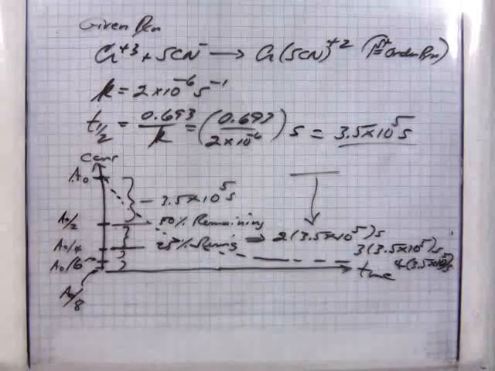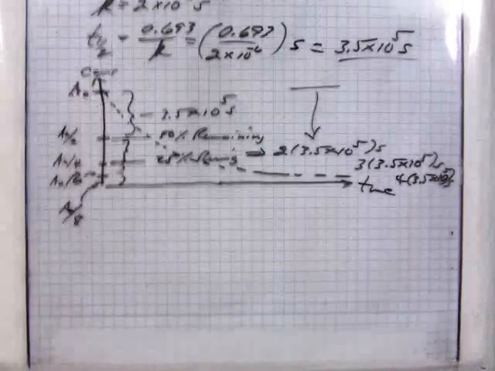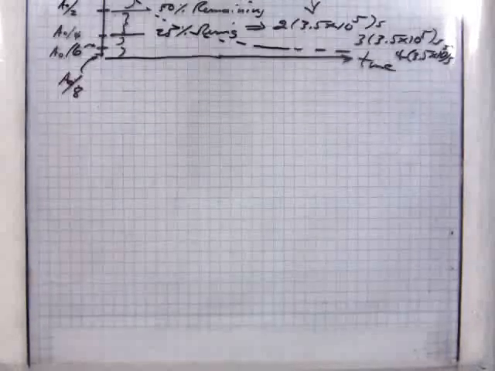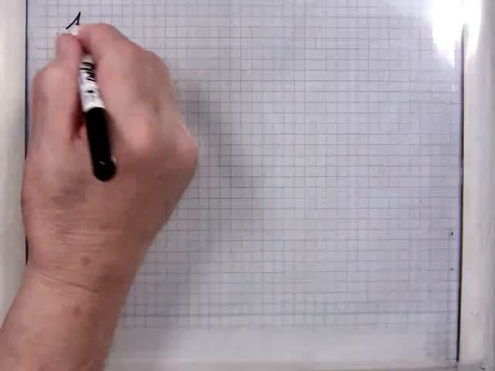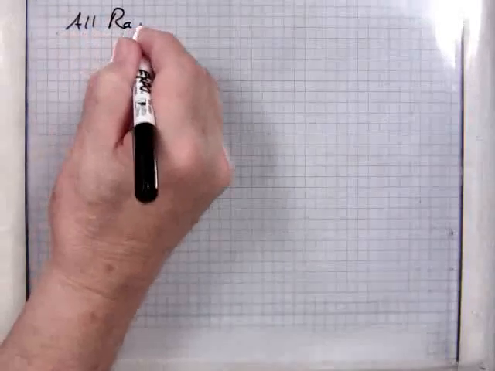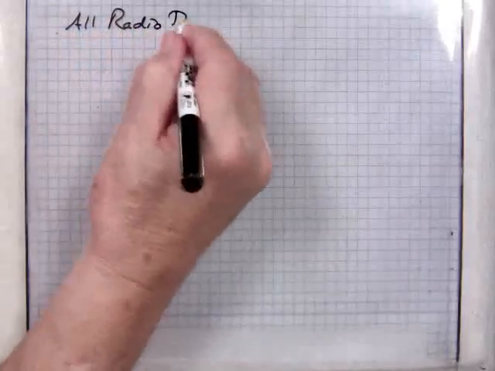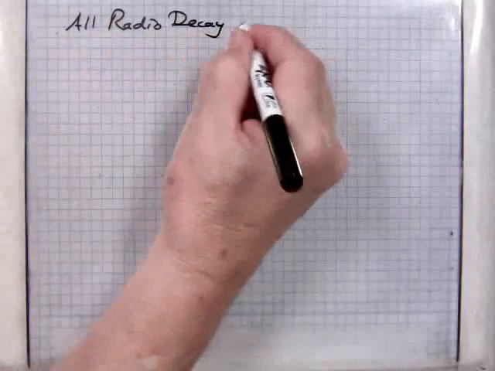Now, one type of problem that you'll run into is radioactive decay. Now, this is kind of a neat factoid for you. All radioactive decay is first order.